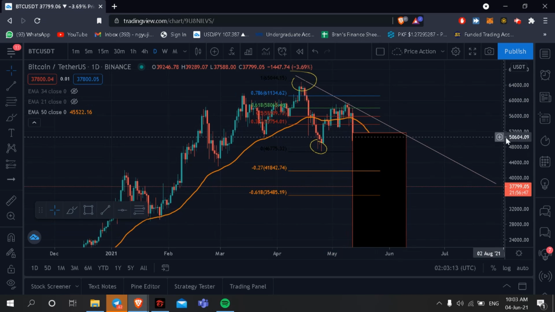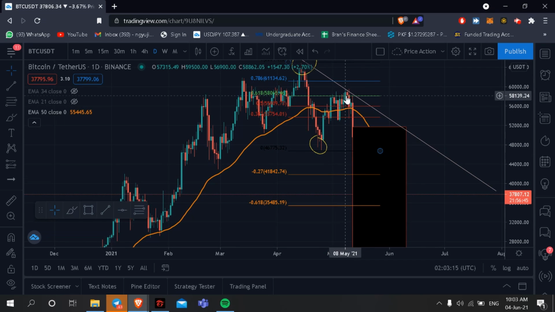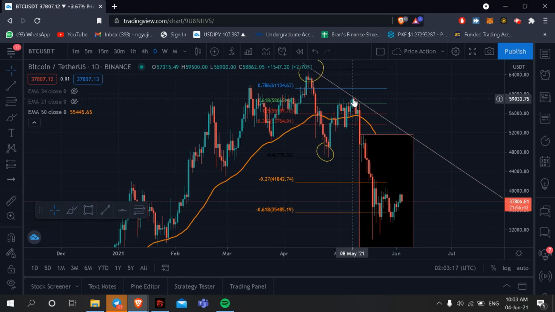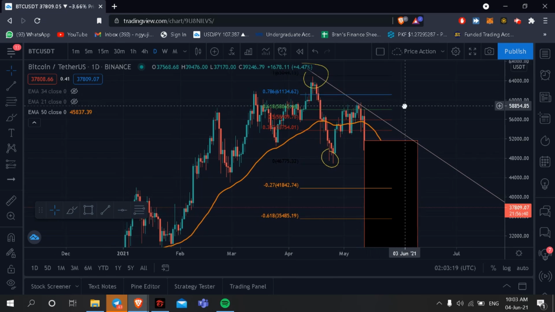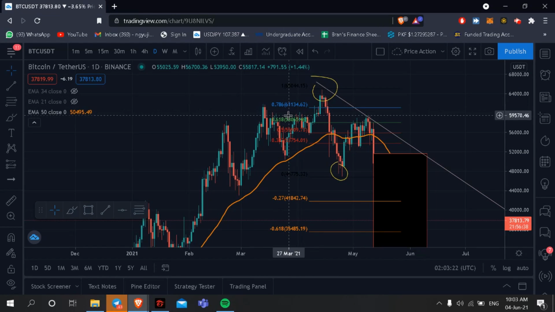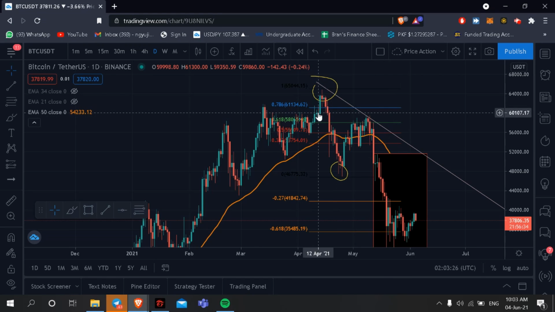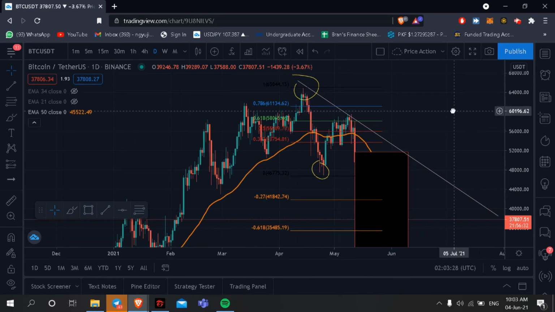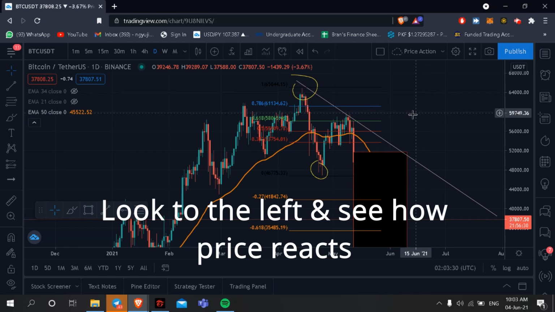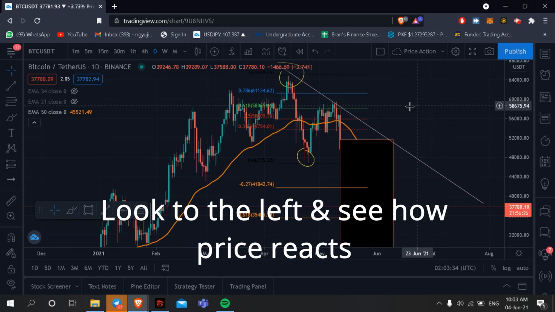Notice it does not stop exactly at the 0.618 level. It went a little bit above. But you can see here, there's a resistance level over here. So that's where you can use this as confluence to say, oh, it's going to bounce from this level.